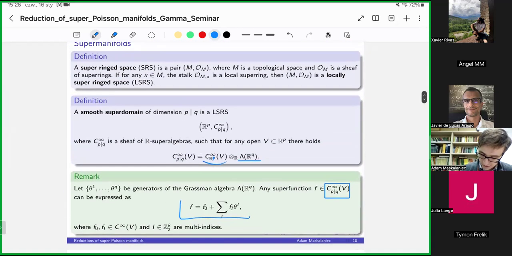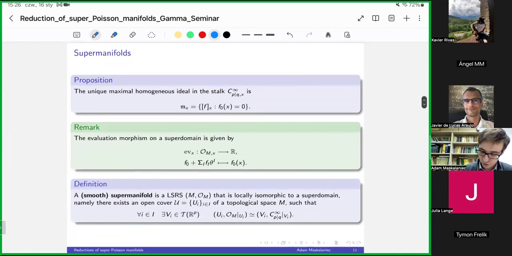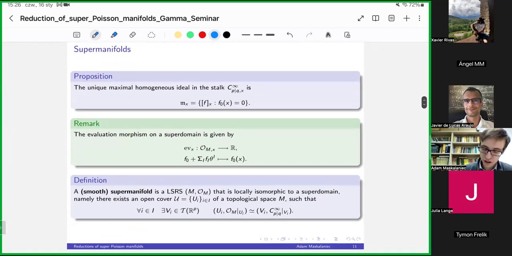So we lose all the information about nilpotents when we quotient by m_x. As I said, the evaluation loses all the information about the nilpotent part.